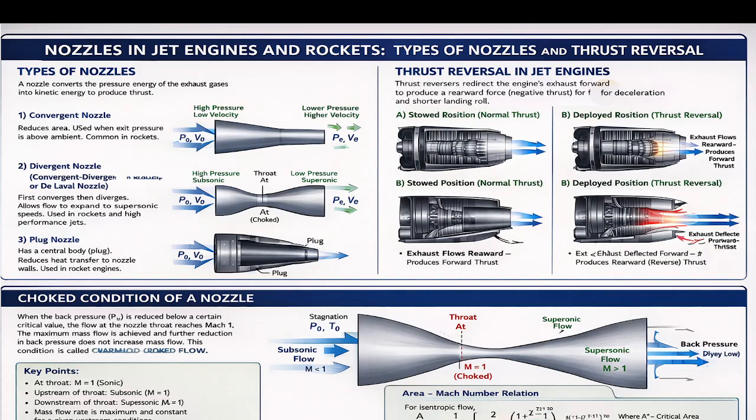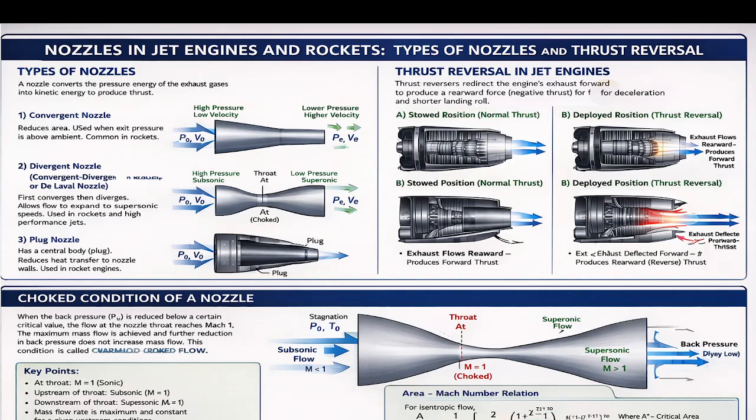Here, based on the geometry of the nozzle, we are achieving these two conditions: the pressure is low and the velocity is more at the exit of the nozzle, and vice versa at the inlet. The same goes for the convergent-divergent nozzle, which can also be called the CD nozzle or de Laval nozzle.